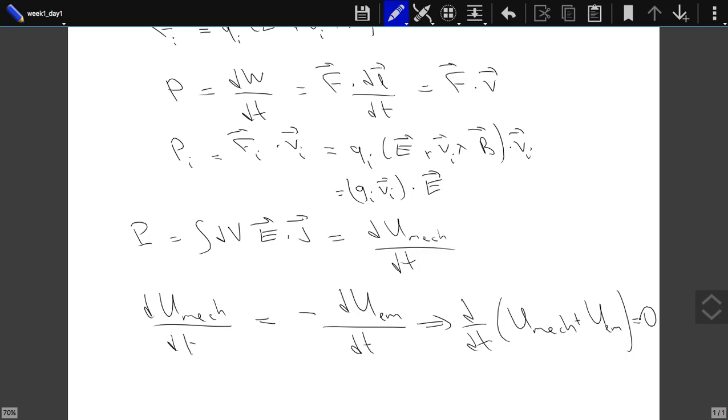So basically, this is my strategy. I will not be just randomly manipulating my equations, hoping to obtain some conservation of energy. I have a definite purpose. This is the purpose.